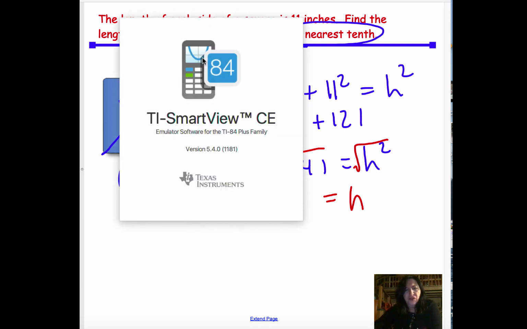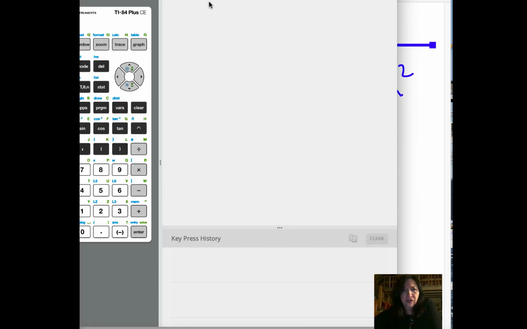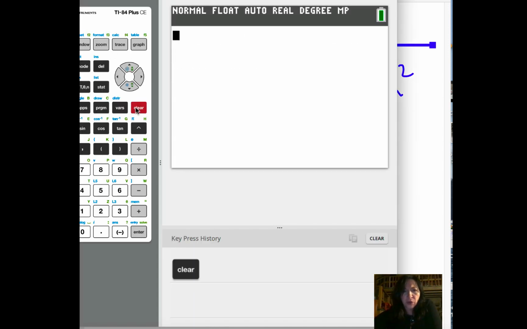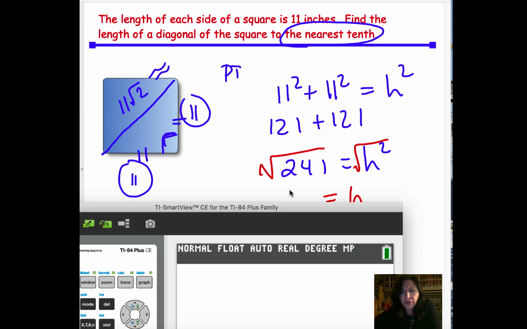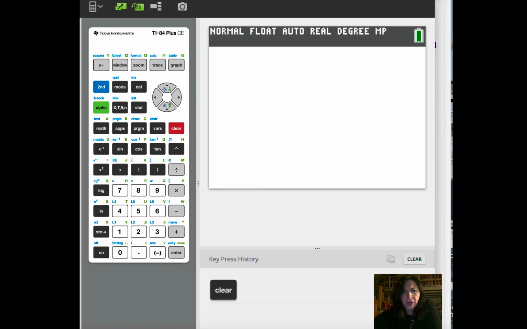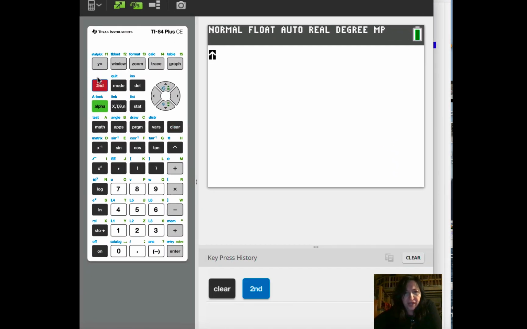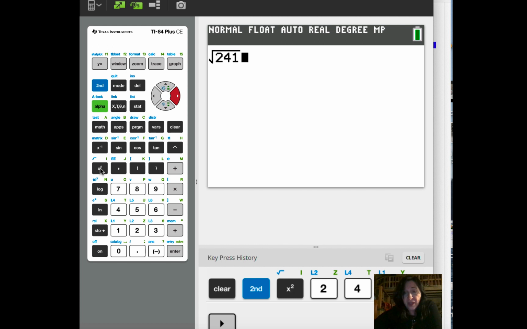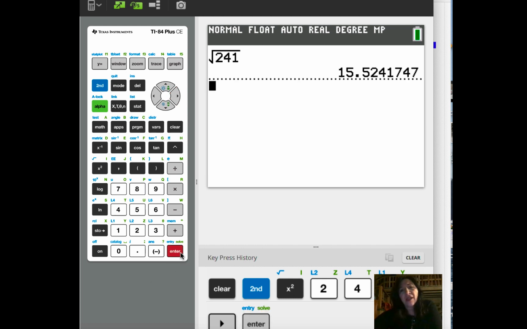So let's do that. And I know this is loading up. So to find the square root of 241, we are going to go second, square root, and type in 241 and hit the enter button down here at the bottom. And that's going to give me an approximate value of 15.52.